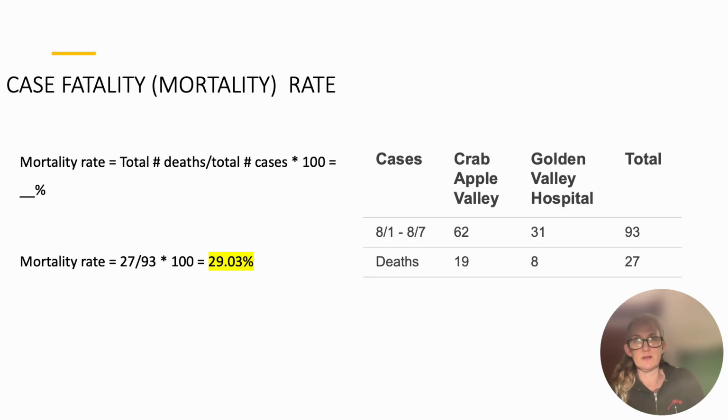In the Crabapple Valley scenario, this number is determined by dividing the overall number of deaths that occurred among the farmers market patrons and healthcare workers at Golden Valley Hospital by the total number of cases at these locales. In doing so, epidemiologists can understand that the mortality rate for this outbreak is 29.03%, or nearly 1/3 of the population that developed plague died from the disease.